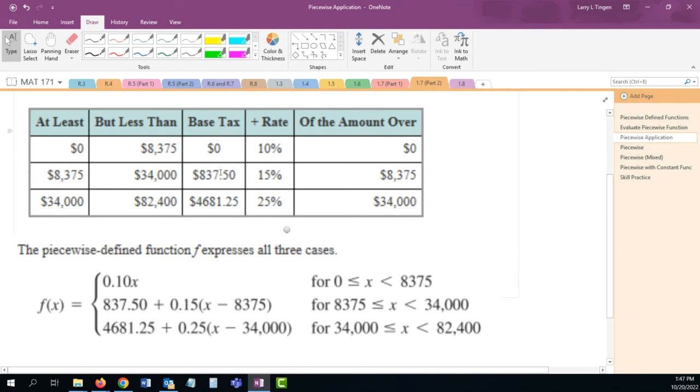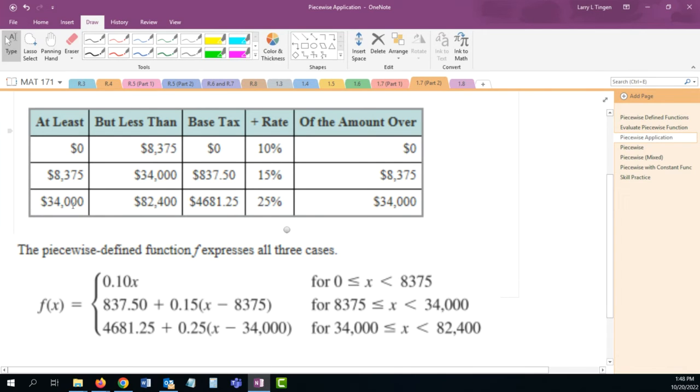The second row, if you made $42,000, you've made more than the first row. So that means you're paying 10% of the first 8,375, and then you get picked up at 15% for everything over that. And then in this one, we only have 3.